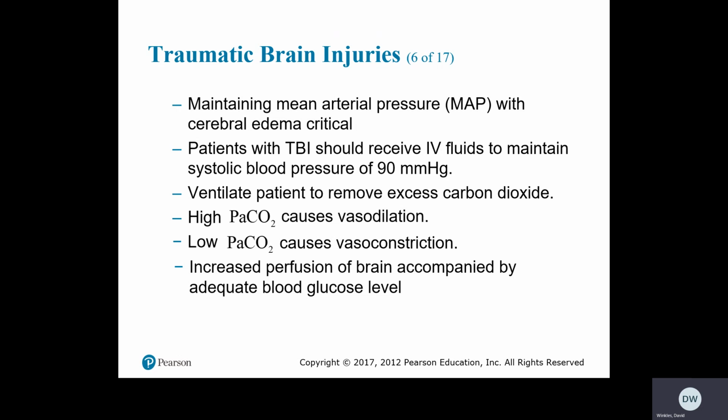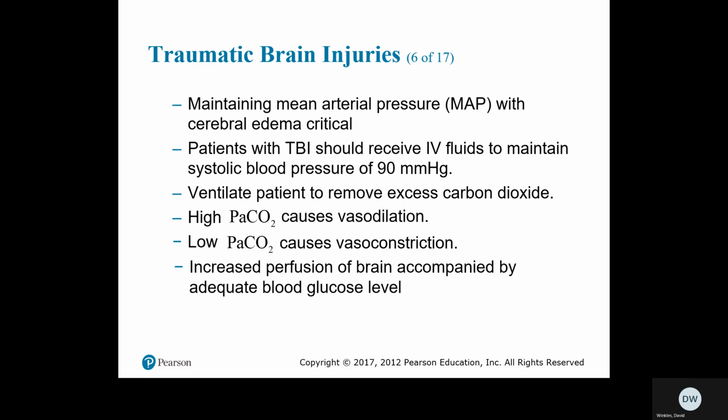Mean arterial pressure. Mean arterial pressure is hugely important when we're looking at perfusion to the brain, especially with brain injuries. So the MAP is what we talk about when we're talking about that cerebral perfusion. So patients with a TBI should receive IV fluids to maintain a systolic pressure of 90.